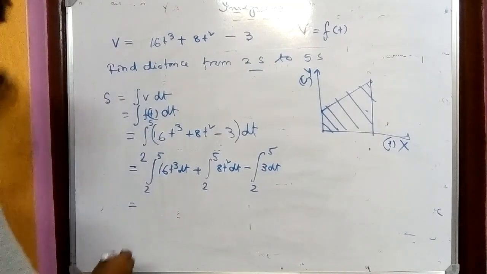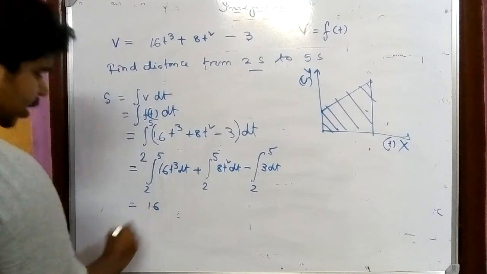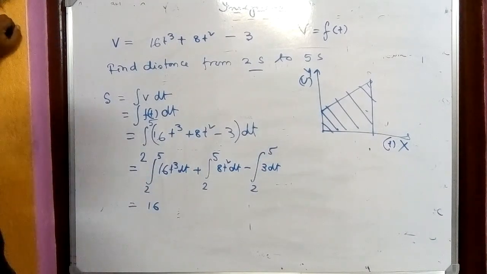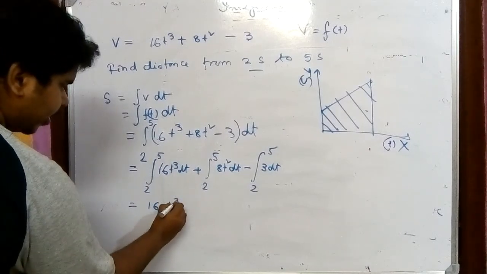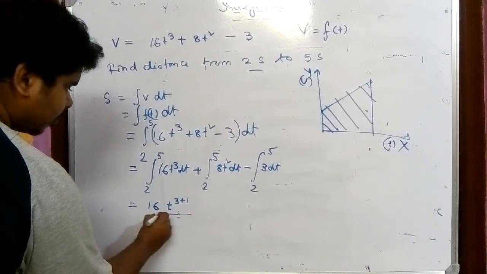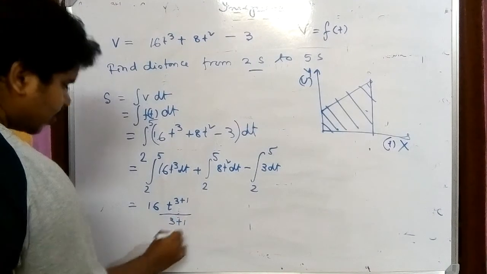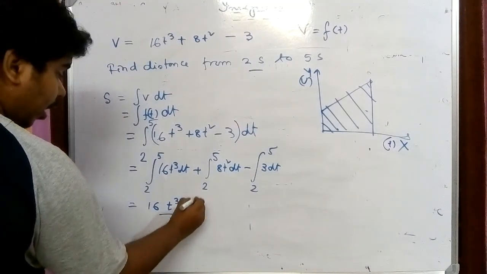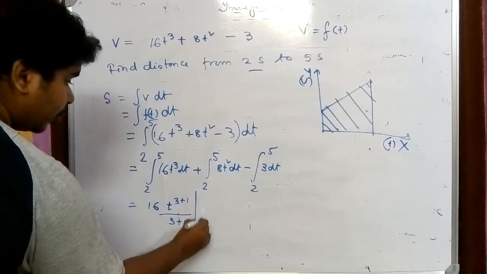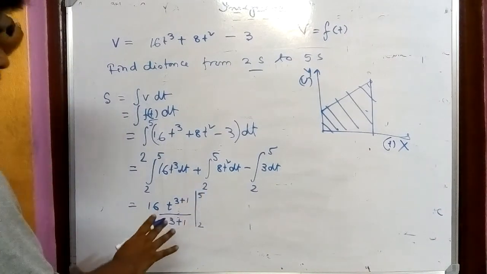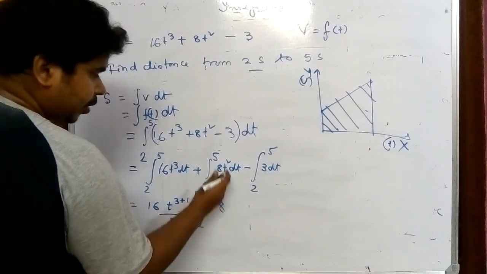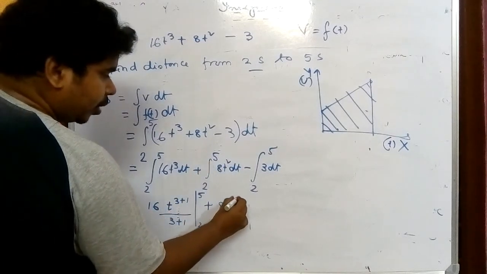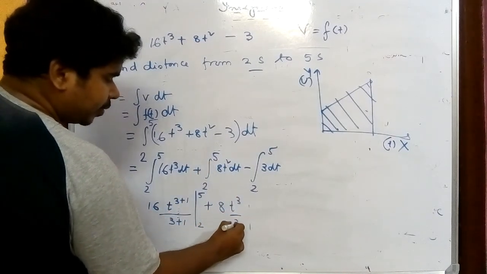First 16 will come outside, integration of t cube dt. I am skipping a step and directly writing t to the power 3 plus 1 by 3 plus 1, and its limit should be 2 to 5. You have to mention the limit this way. Plus 8 comes outside, t to the power 3 by 3.